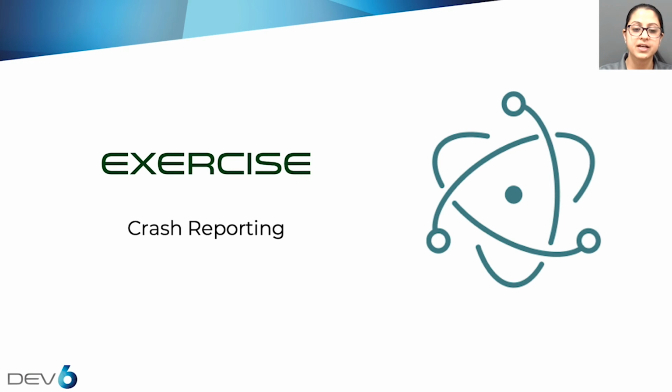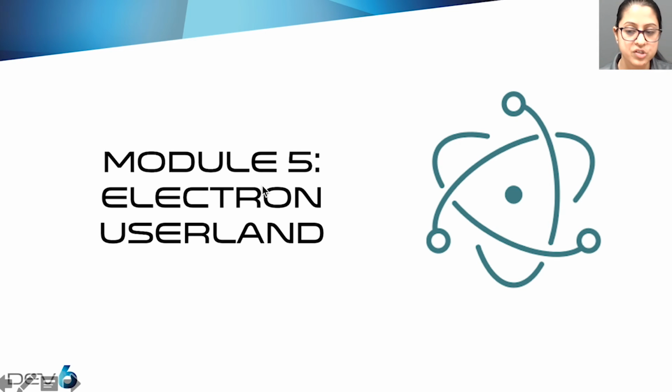So here we come to the last module, which is Electron userland. And I will suggest that you do not skip this module, because here we are going to talk about the tools which are required to be set up on the developer's machine in order to make the journey of a developer easy, from the development time to releasing into production.